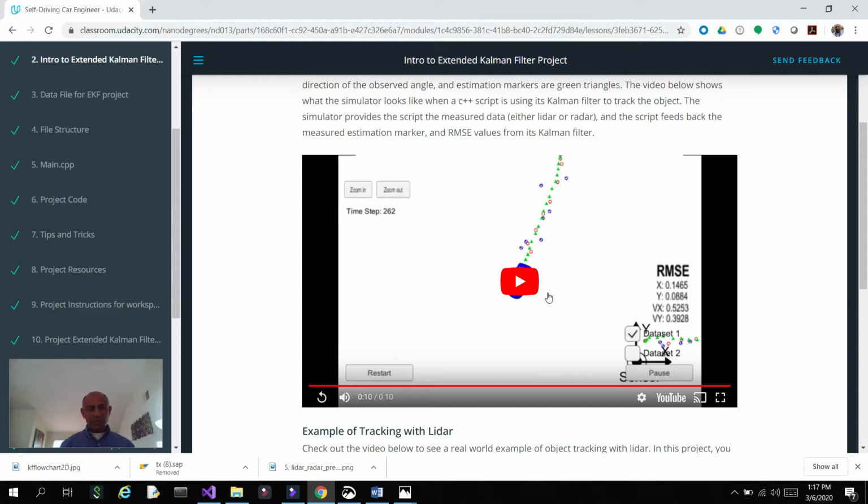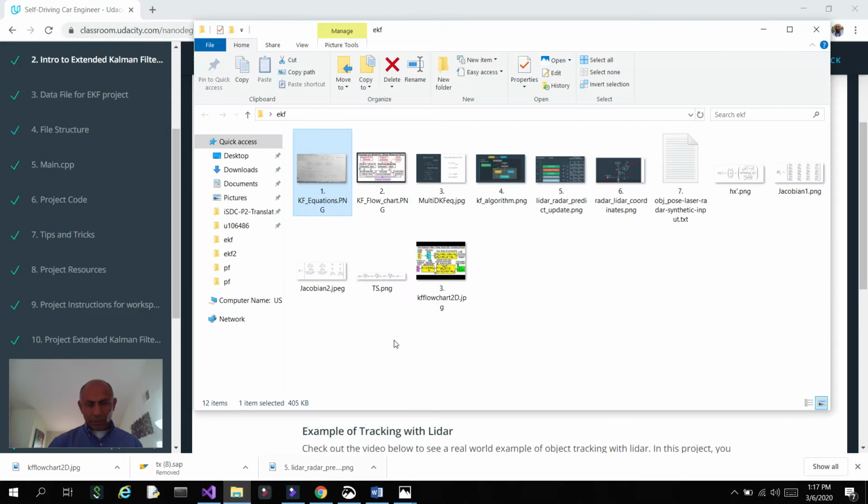Lidar just measures the position. It doesn't directly measure the velocity. And for radar, the spatial resolution is less. For Lidar, it's more. There are more differences, and we'll go through some as we go through the course here or through the video. So going back to the equations here, let's see.